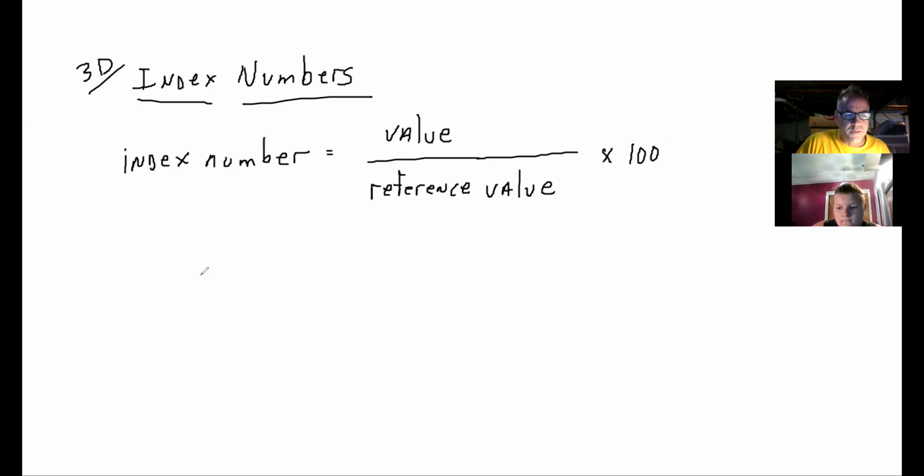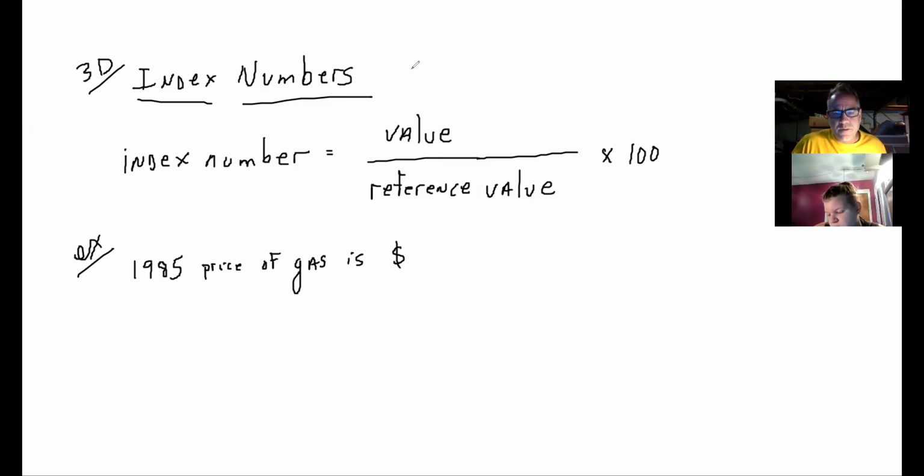So as an example of what we're talking about, let's say we have a 1985 price of gasoline, and let's say it was $1.20 per gallon.